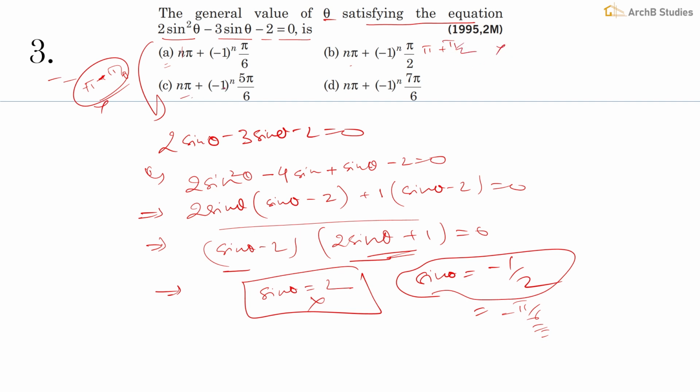No. In this one, pi plus minus pi by 6, so pi minus 5 pi upon 6 is giving us pi by 6, which is also wrong. We need minus pi by 6. This will be pi plus minus 7 pi by 6, pi minus 7 pi upon 6. We will get minus pi by 6. This is the right answer.